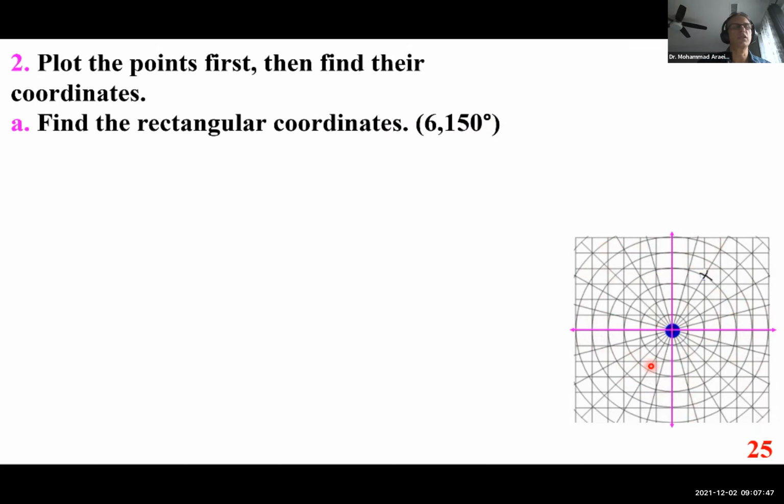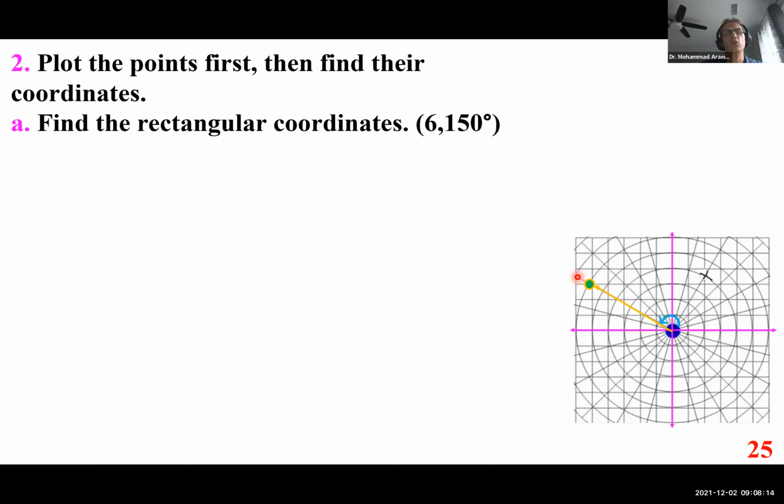So the very first thing you do, you find 150 degrees. This is the positive side of the x-axis. You go with 150 degrees, and then you draw a line. And along that line, we go how many? 6 units. So you start counting 1, 2, 3, 4, 5, 6, and that's the point.